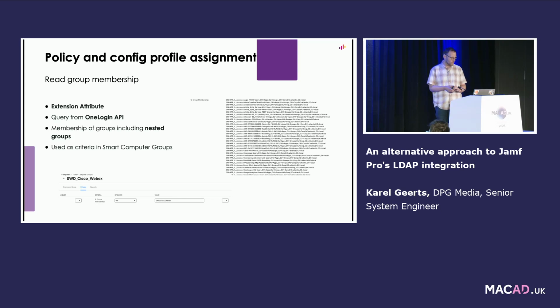Then we use the extension attribute as a criteria in the smart group, so we can scope policies and config profiles via that smart group. So this is a list, which is, I think my account is fairly long. I already cropped it a little bit.